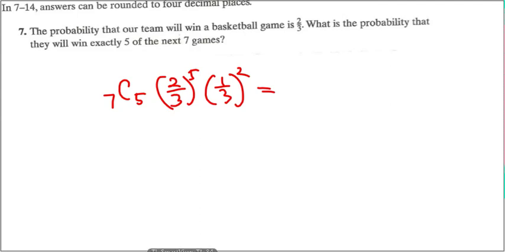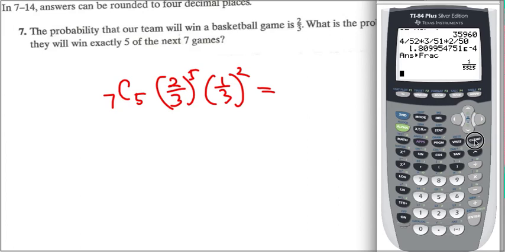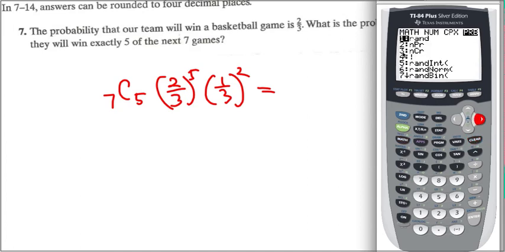Now, to calculate this one, we're gonna have 7C5. Now, I'm taking care of the first one. 21, multiply that by 2/3 to the 5th power, and then 1 divided by 3 squared.